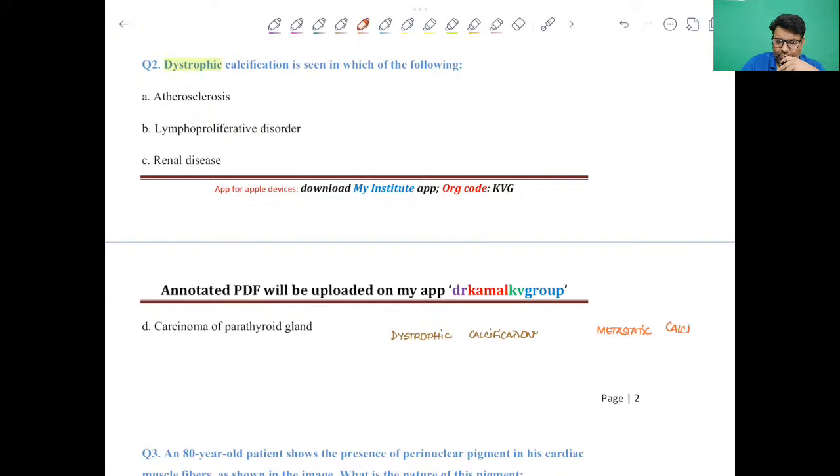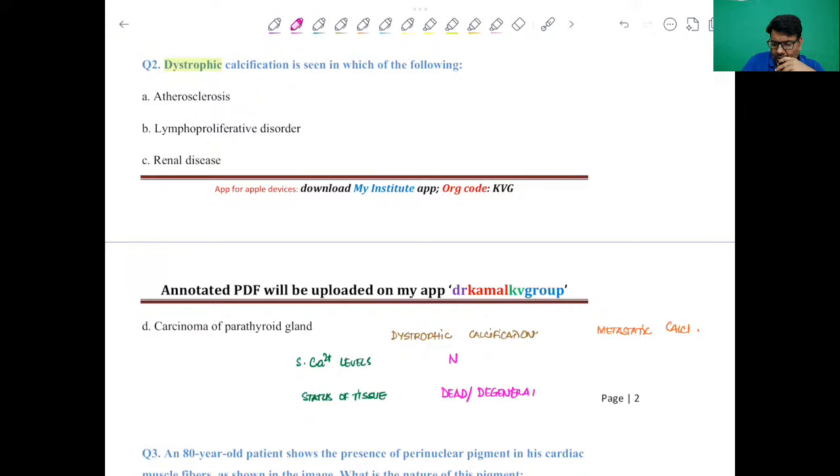Clear? So we have to differentiate, and we differentiate it on two terms. Number one, serum calcium levels, and second is status of tissue. So in case of dystrophic calcification, the serum calcium levels are normal, but the tissue is either dead or degenerated.